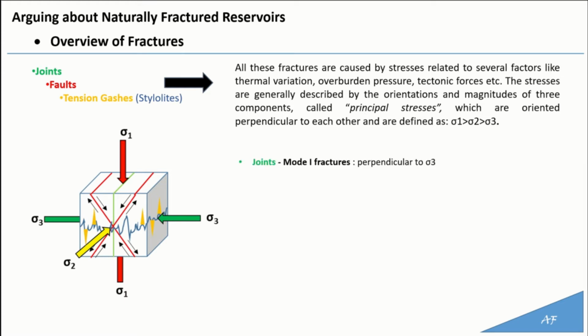Extensional fractures, like joints, ideally develop perpendicular to sigma 3 and thus contain the intermediate and maximum principal stress, sigma 1 and sigma 2.